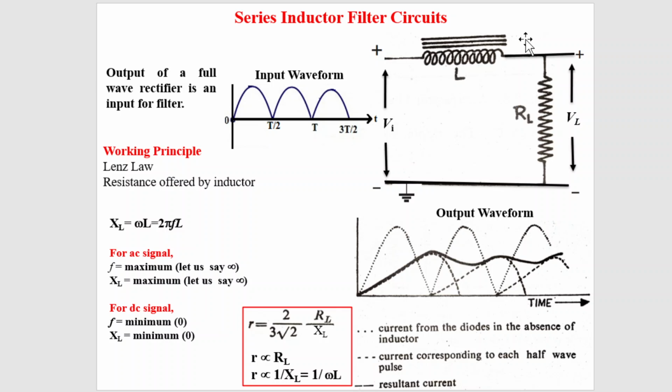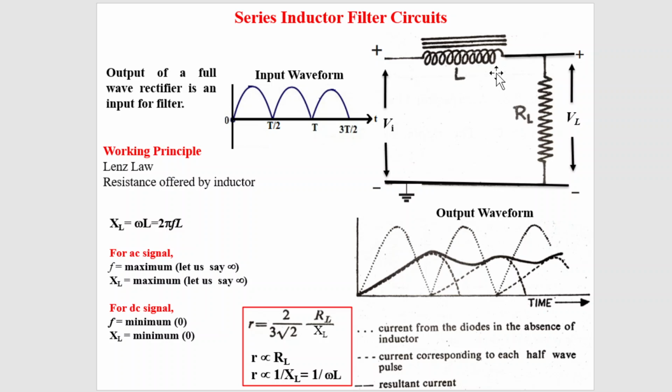So when the load current increases, because of this EMF property, the induced voltage across the inductor opposes the increase, because its polarity is developed such that it sends an induced current in the opposite direction.